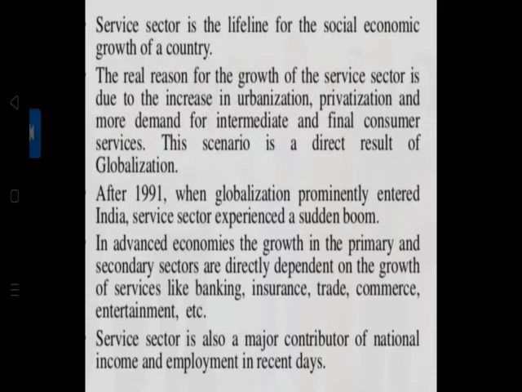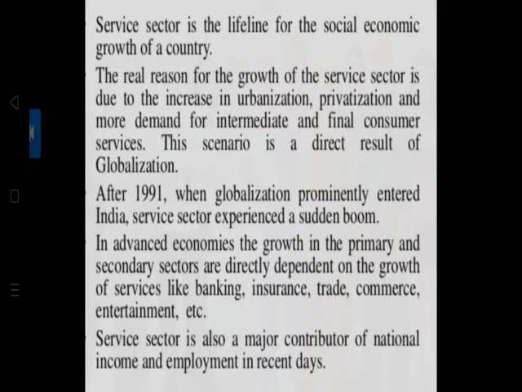Now understand what major role globalization has played in the development of each of these sectors. After 1991, when globalization prominently entered India, service sector experienced a sudden boom.